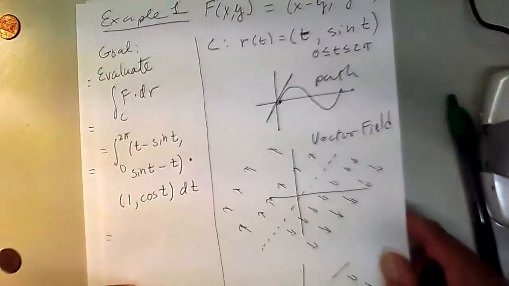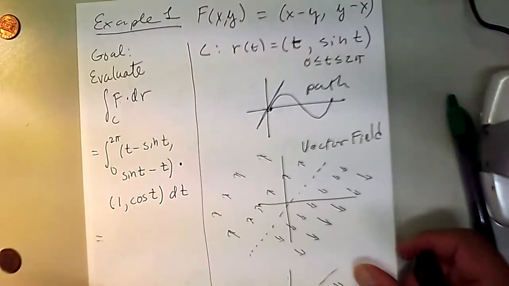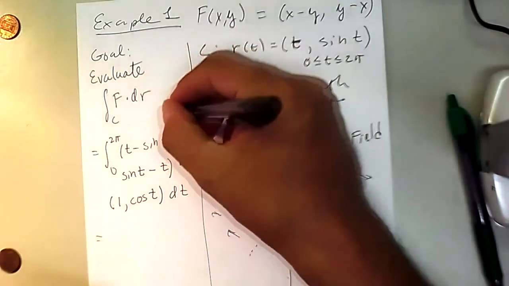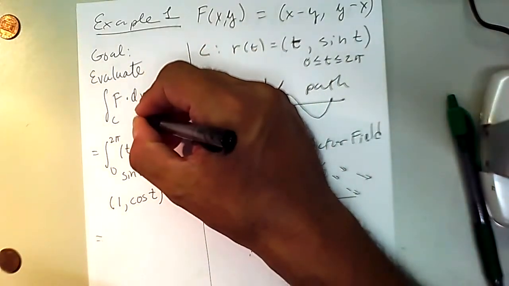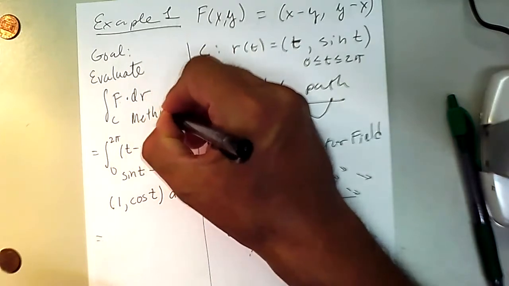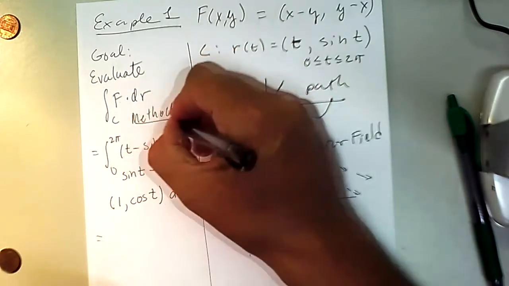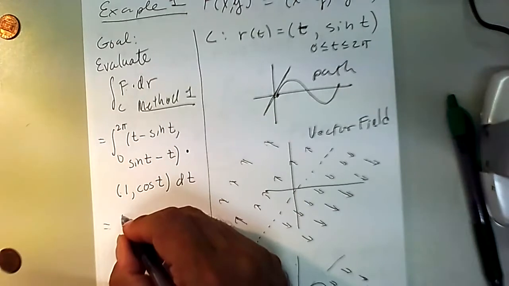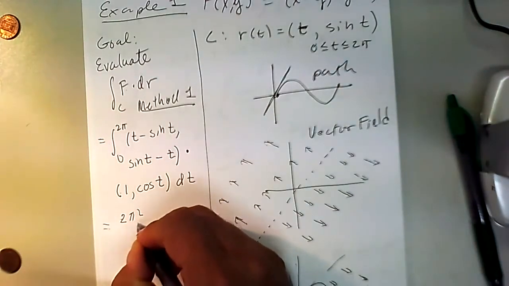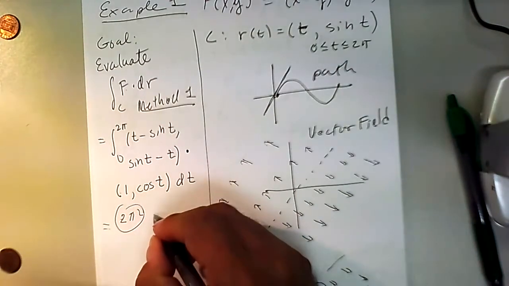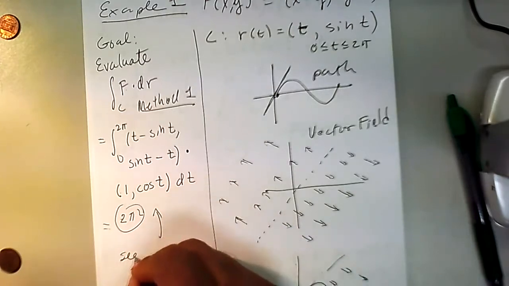I did not emphasize that, but back here when we started setting it up, we can just call it method 1, and we can just write 2 pi squared. Yep, that's the final answer, but we have to write a note.